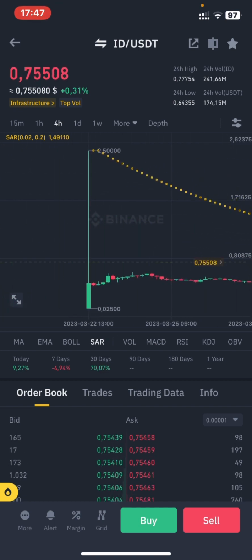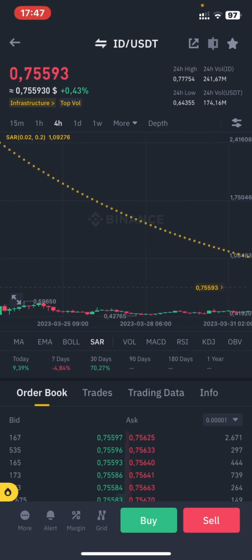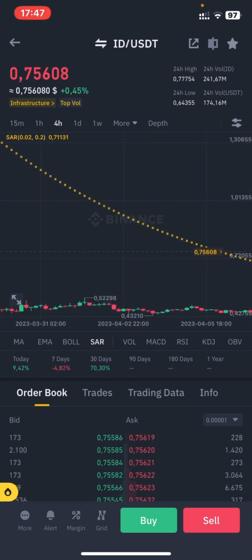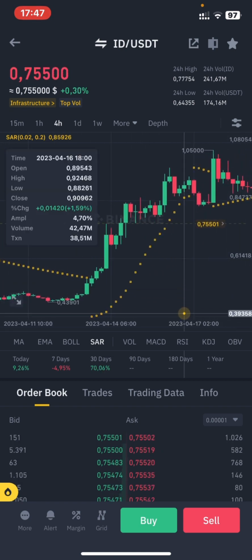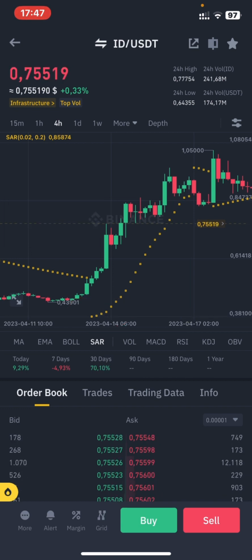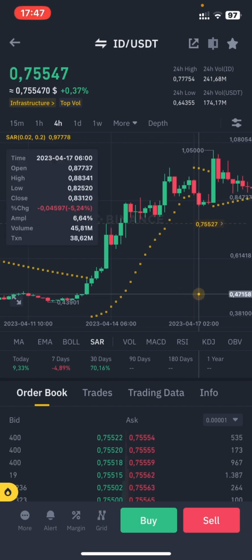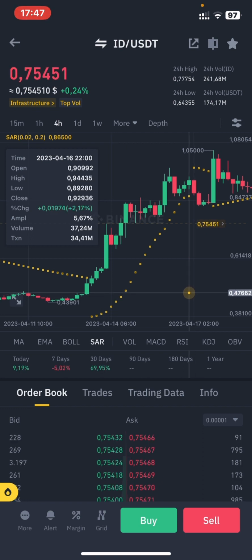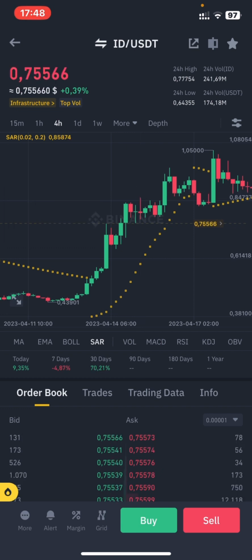If you see over here, it went from 2 cents to $2.50, and this coin has been trading in downtrend over here till this level, and you got this sign to buy at this level. If you were able to buy at this price and you hold for a few days, you're able to sell at 2x on this price right here.